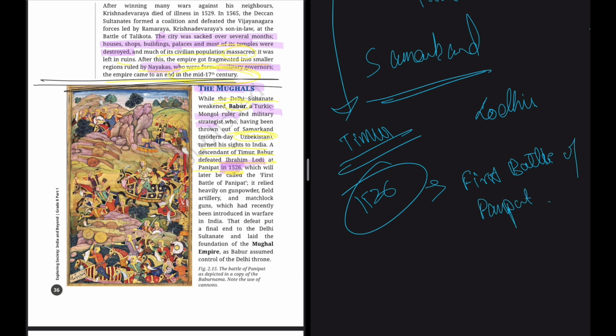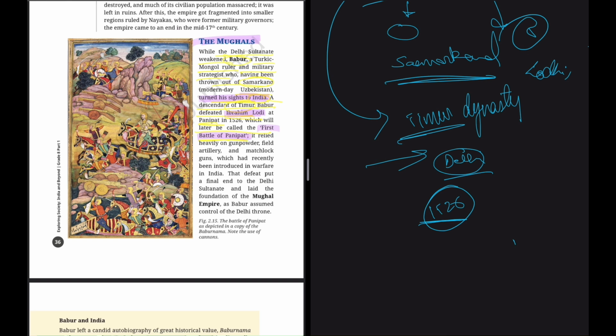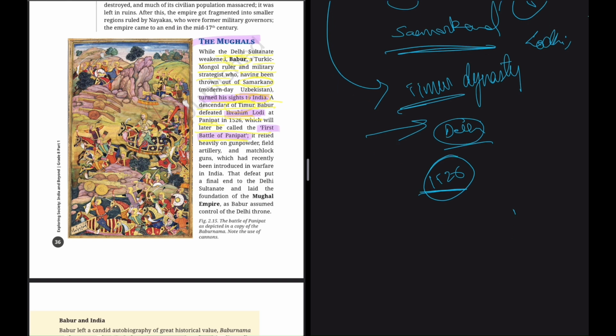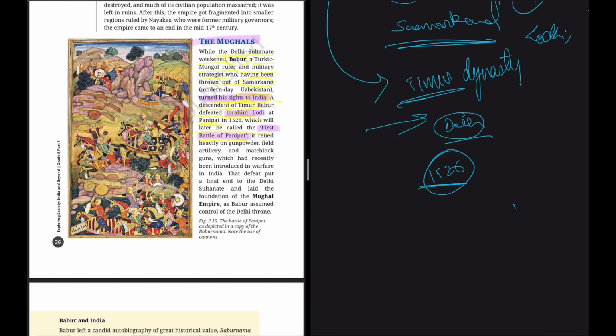This will later be known as the first battle of Panipat, because they fought that war in a place called Panipat.